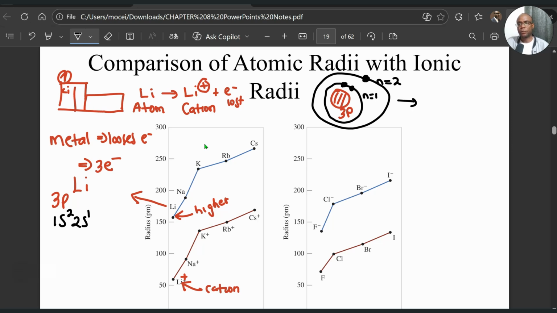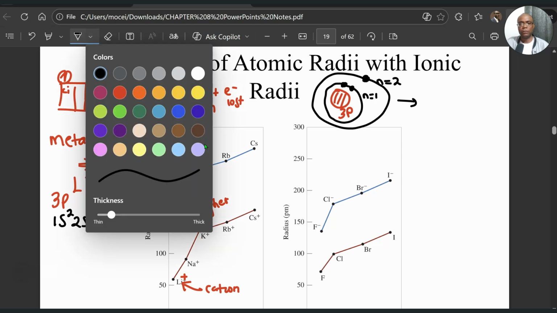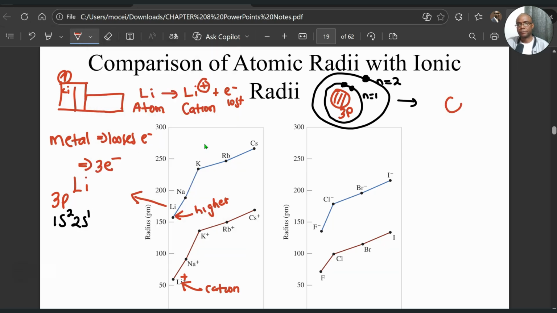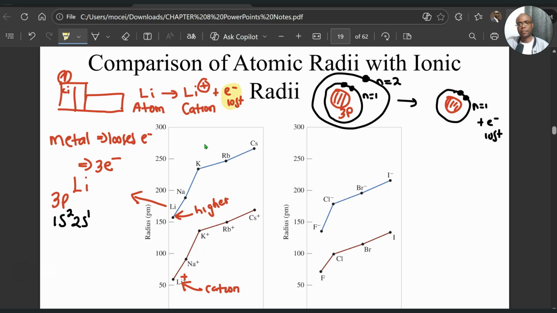Now, if you're going from here and you're losing an electron, what that means is that the number of shells will decrease. So n equals 1 will stay. n equals 2 lacks an electron that was lost. This electron here was lost. So you see, there is a decrease in the number of shells.